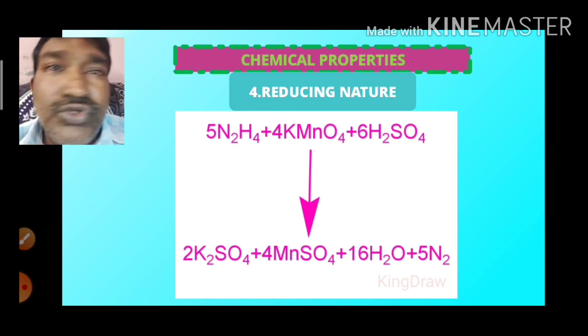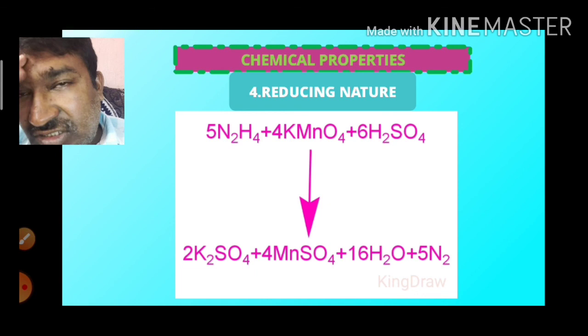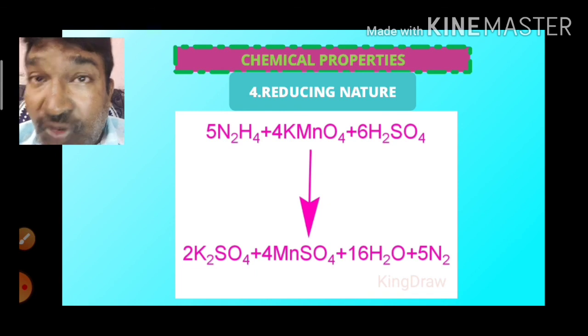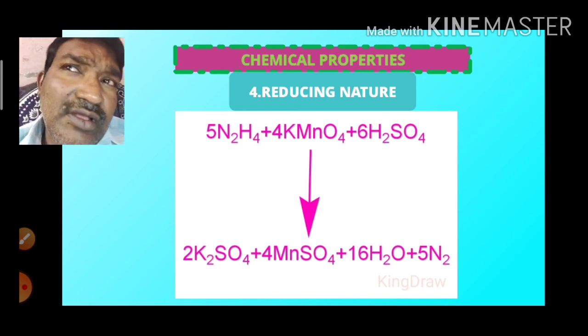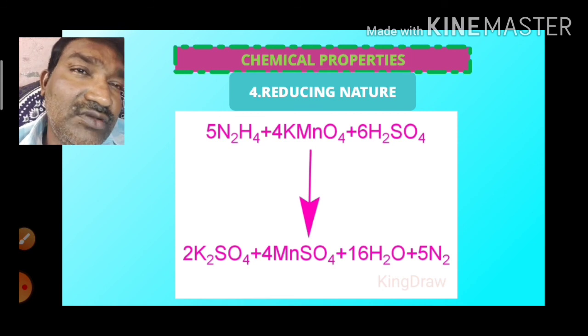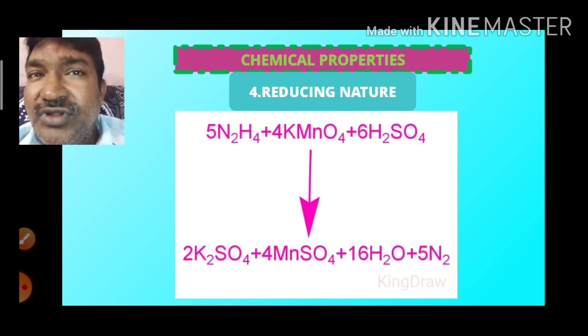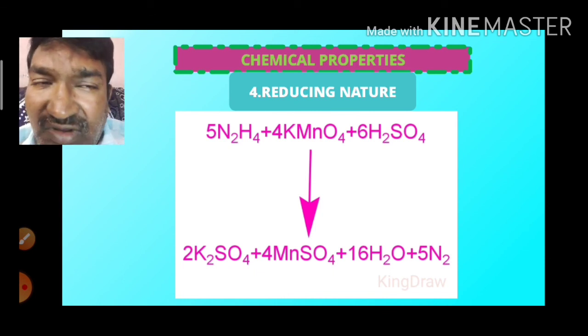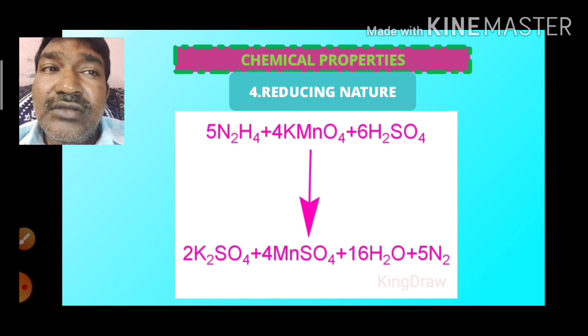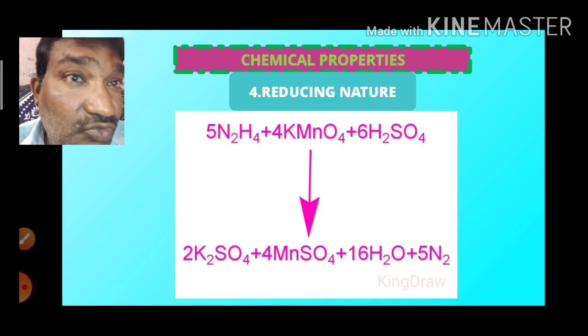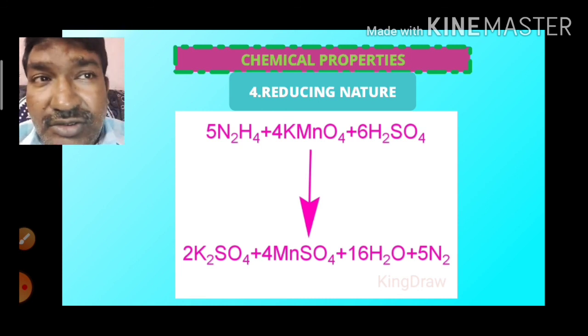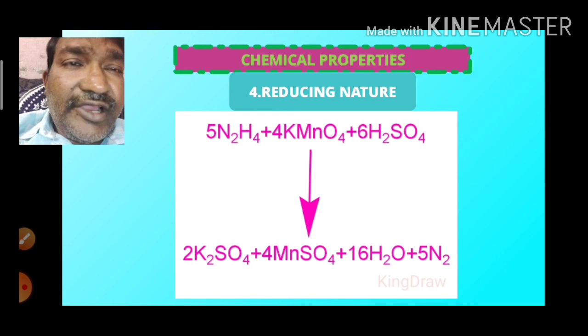So we can use hydrazine, potassium permanganate and Fehling's solution to identify the hydrazine compounds. We can use Fehling's reagent as well as potassium permanganate to identify hydrazine.